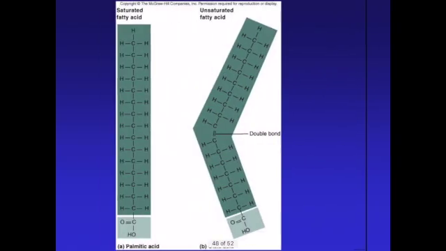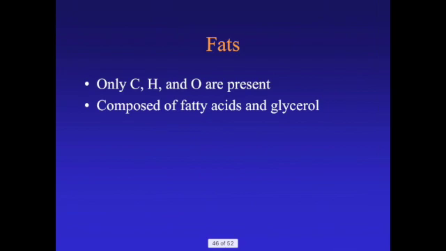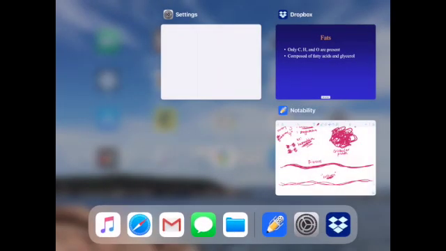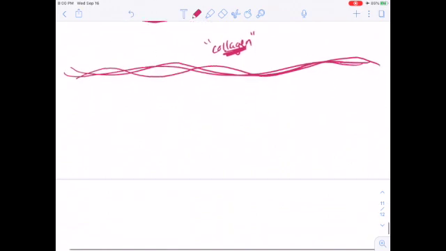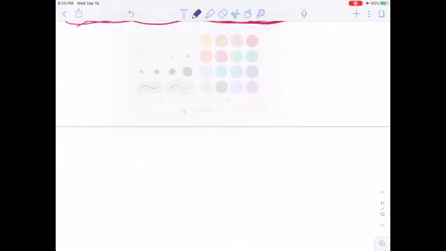But let's go back to simple lipids and specifically the fats. Fats are simple lipids. They only have carbon, hydrogen, and oxygen, and they're composed of what we call fatty acids and a glycerol molecule. I know I have a picture of it here for you, but I feel like drawing this just because I can. Let's go with navy blue.